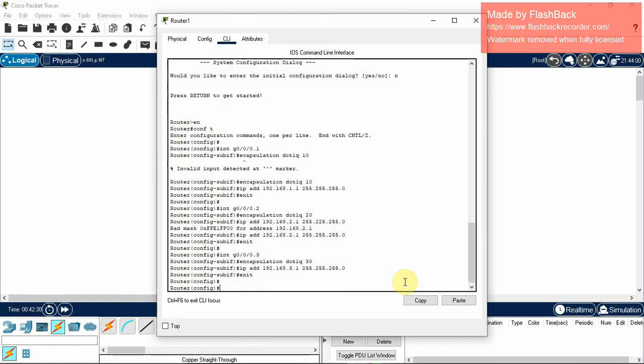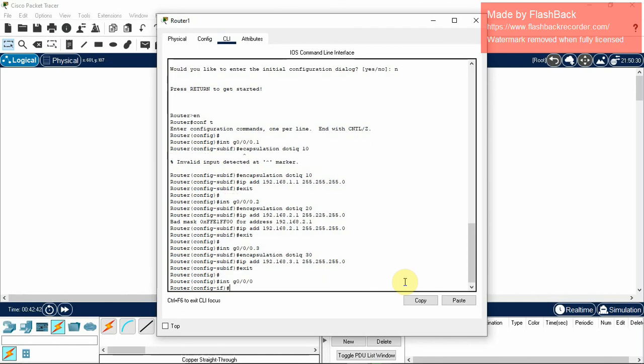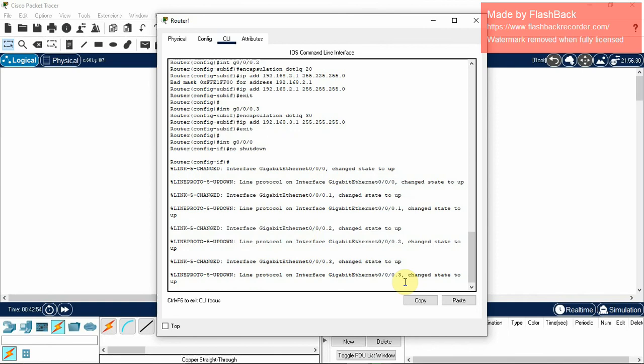Now we're also configuring the interface of the router itself, which was G0/0, going to no shut down, so all the interfaces are up.